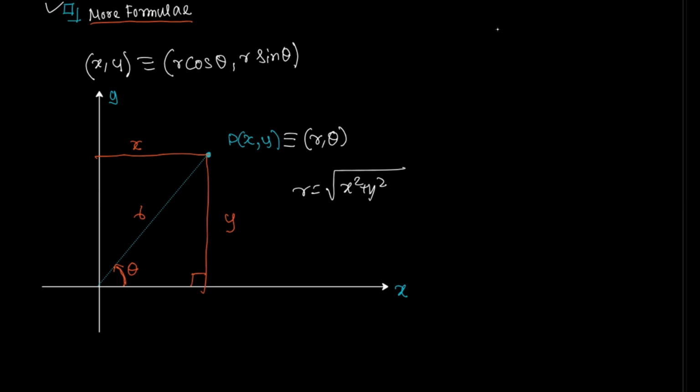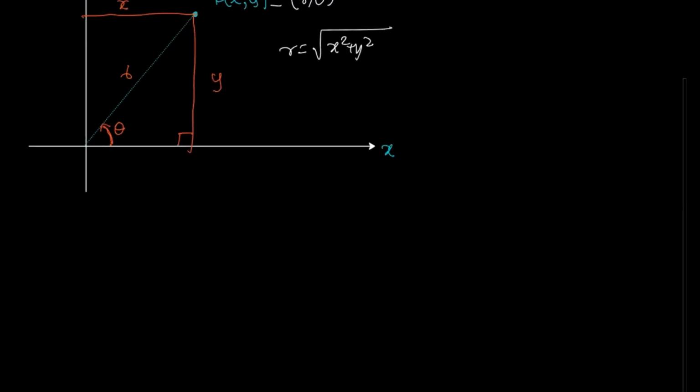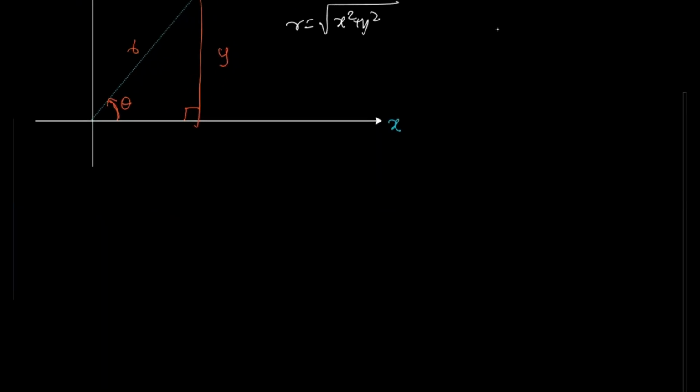Now, how do we convert this? Conversion from r theta to x comma y. To convert it, see here, what is sine theta? Sine theta is our perpendicular by hypotenuse. The perpendicular is y, by hypotenuse r, equals y by r.